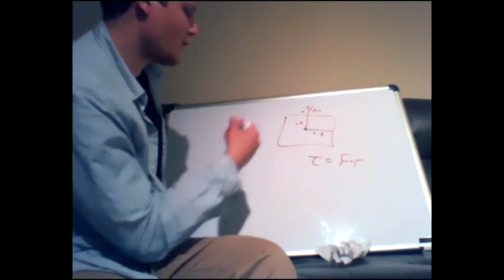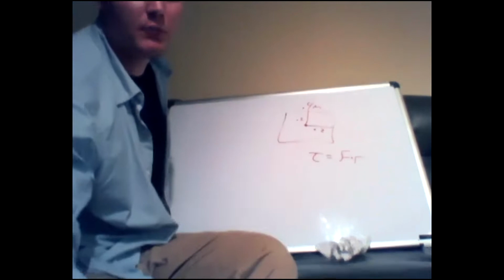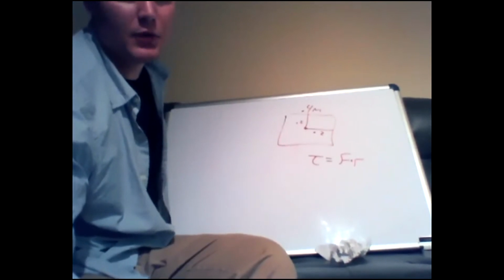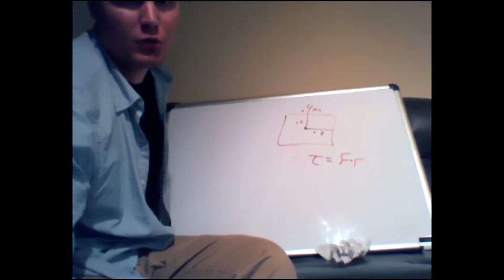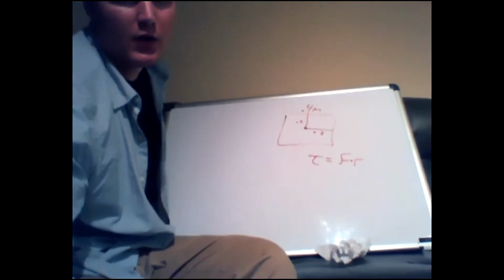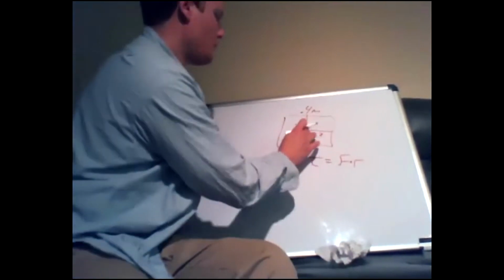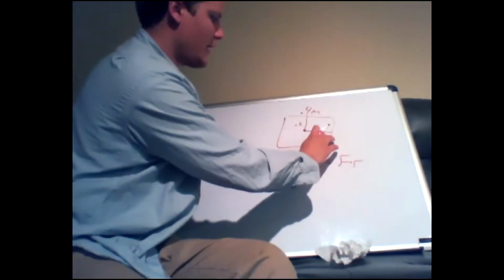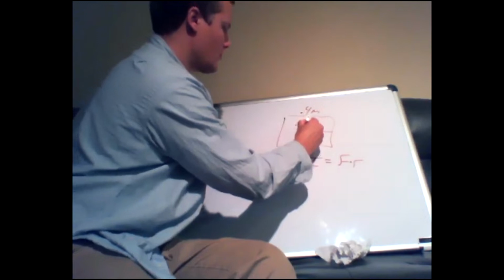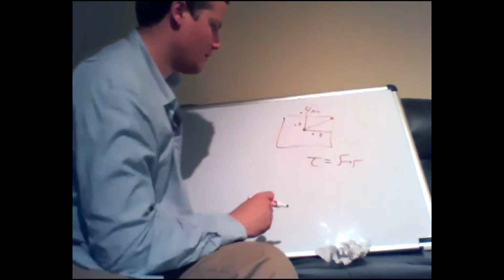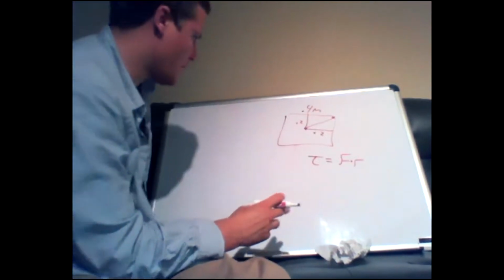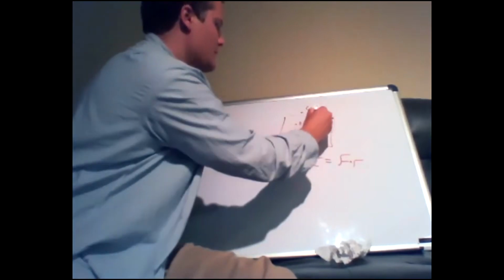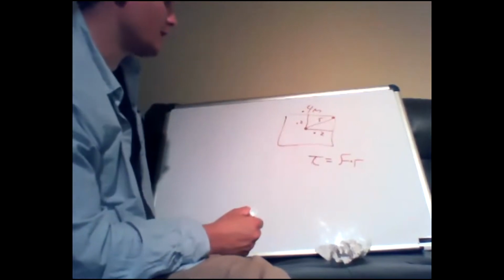But there's a farther distance away, because keep in mind what the problem actually says: what is the maximum torque that such a force could produce? The maximum amount of torque wouldn't be from the center to the side, it would be from the center to the corner. That's the greatest radius right there. So if you want to apply the greatest amount of torque, you would have to apply it at a distance that's farthest away from the center. That corresponds to this right here, so that would actually be our radius.